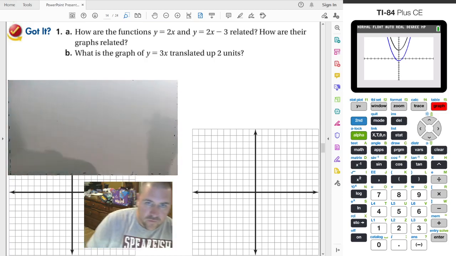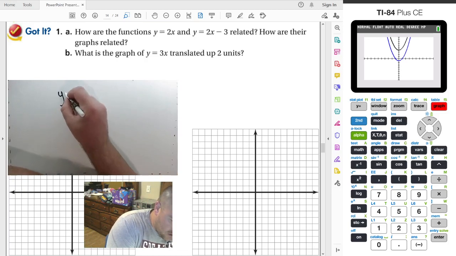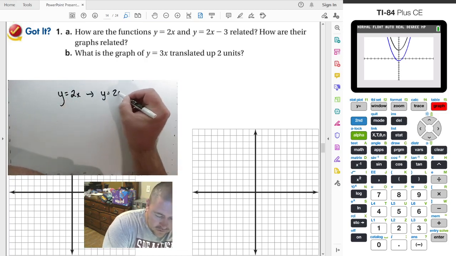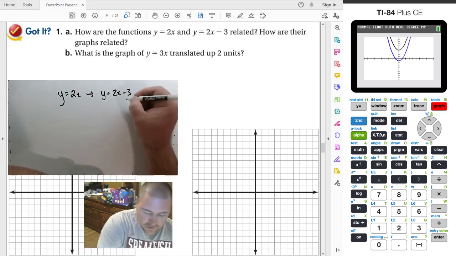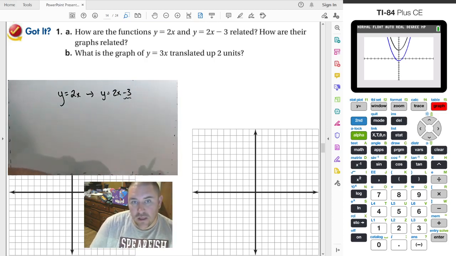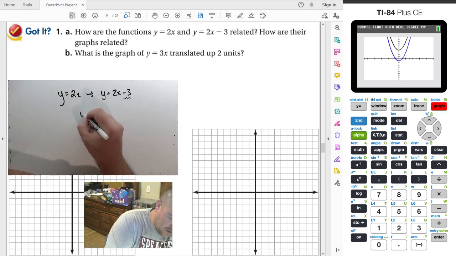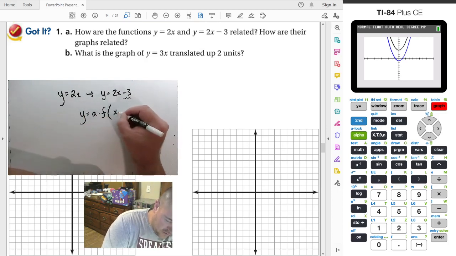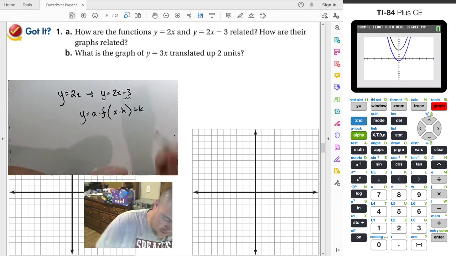Okay, so if I go from y equals 2x over to y equals 2x minus 3, I see that there's a negative 3 in the k spot. Remember, it goes back to this: y equals a times f of x minus h plus k.